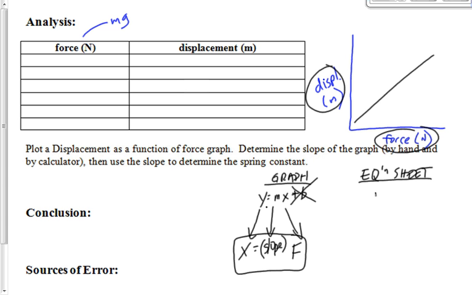Try this one. Right, same two variables, F and x. But I want to rearrange it to solve for the same variable. So if x is slope times F here, then x is equal to F over k here. There's my equation for my data sheet.